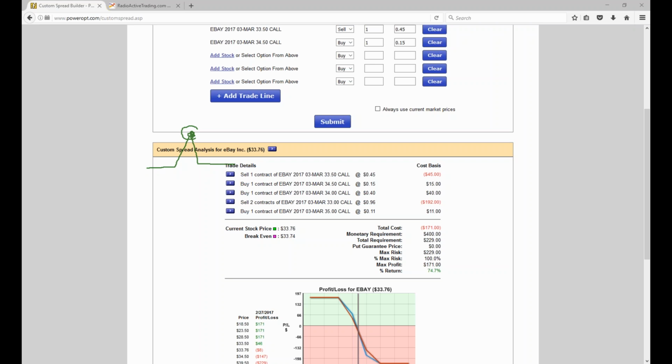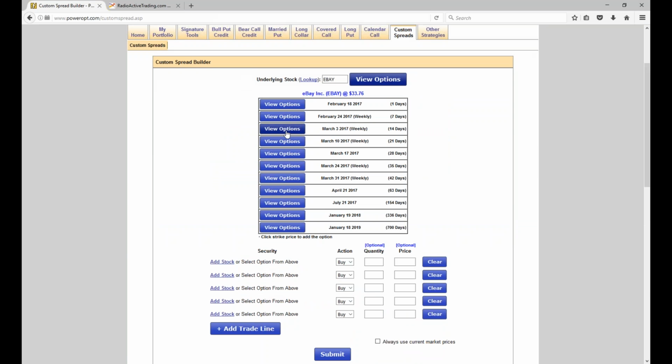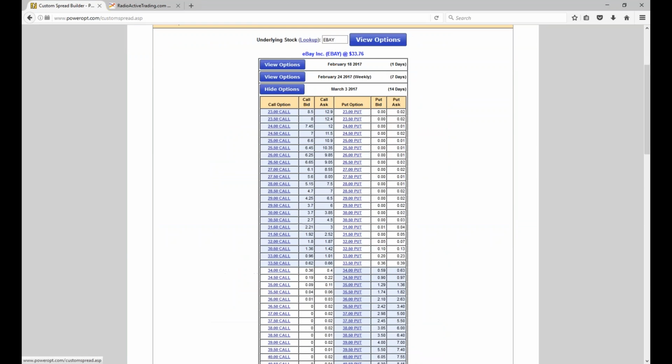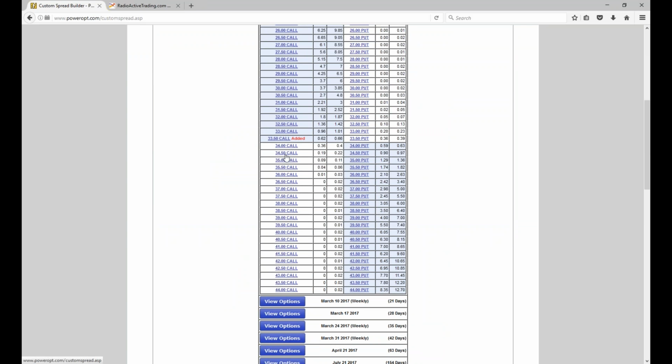Okay. All right. So remember what I showed you briefly. Let me go back to the beginning very quickly. This is one of my favorite repairs if it works, and I think in this situation it will. And I'm going to point you to something else after that, Tom. Let's go back to our March 3rd series. I'm going to say that we sold that 33.50 for 45 cents.